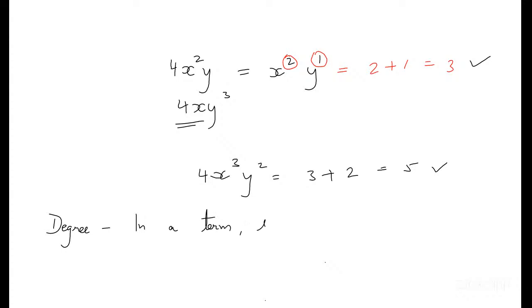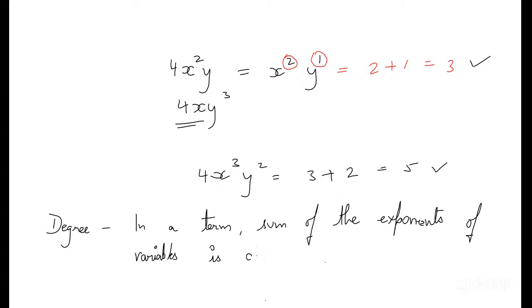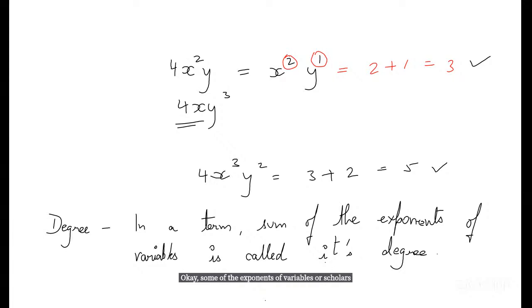In a term, sum of the exponents of variables is called its degree.